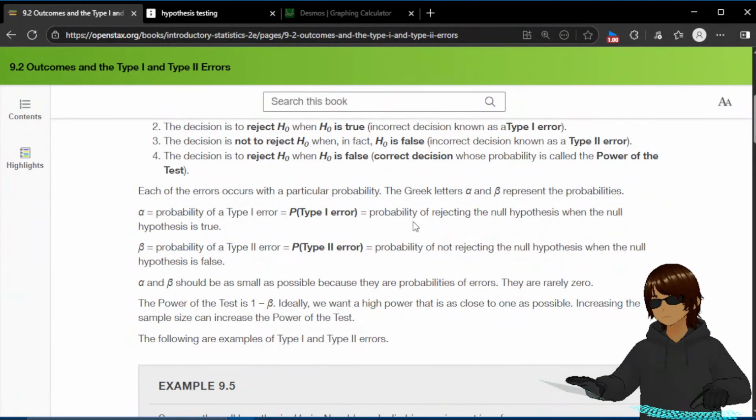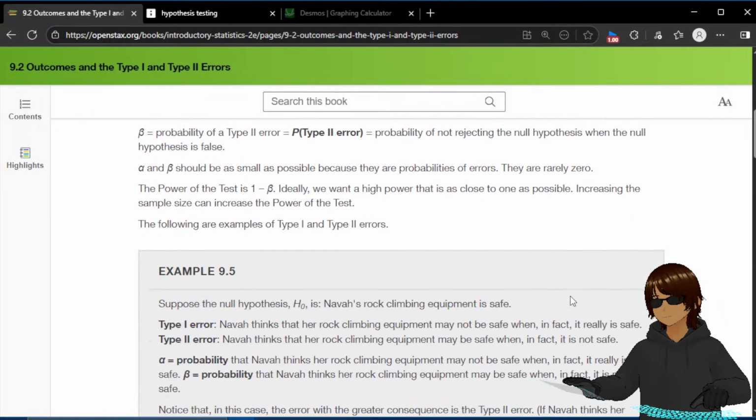Type 1: probability of rejecting the null hypothesis when the null hypothesis is true. Type 2: probability of not rejecting the null hypothesis when the null hypothesis is false. Alpha and beta should be as small as possible because they are probabilities of error, though they're rarely zero.